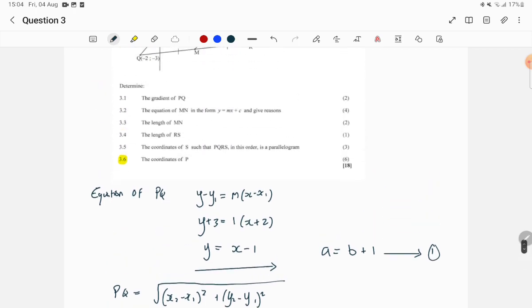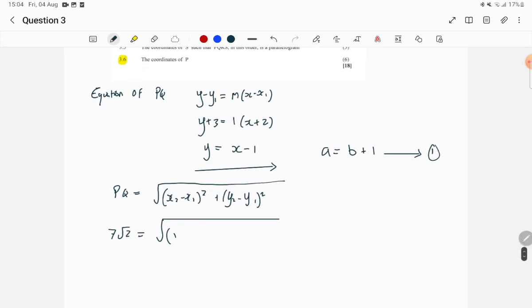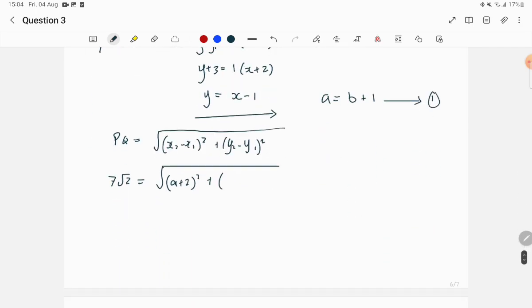We can say a minus minus 2, so a plus 2 squared, and b minus minus 3, which is b plus 3 squared. And thereafter we can square both sides. On the left hand side, we are left with 7 squared times 2, so 49 times 2, which is 98. And on the other side, the square root goes away, so we are left with a plus 2 squared plus b plus 3 squared.